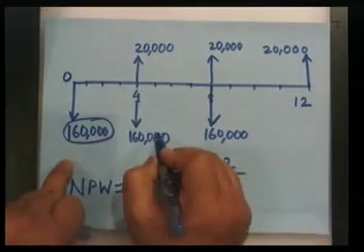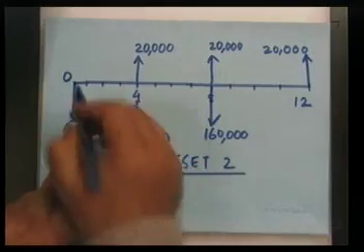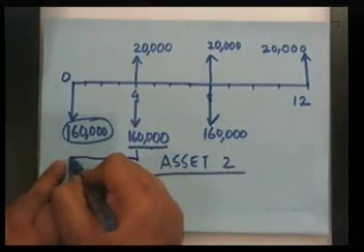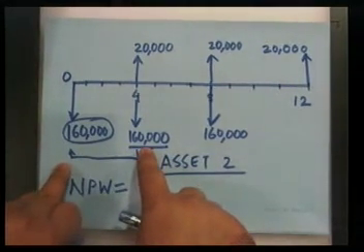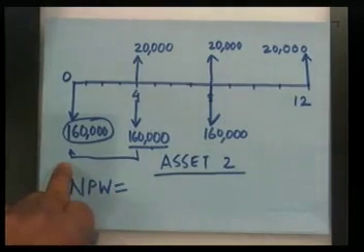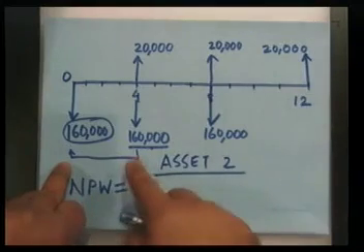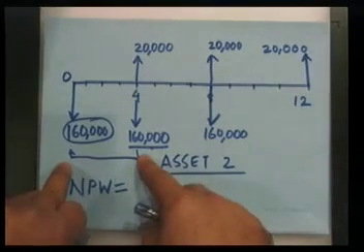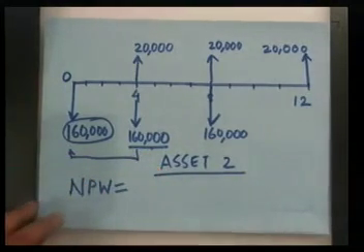Now, I will try to convert this amount and bring it here. How do I do this? This becomes my future value. I am interested in finding P, the present value. I know the future value which I have to incur, which is 160,000. So, which formula will I use?